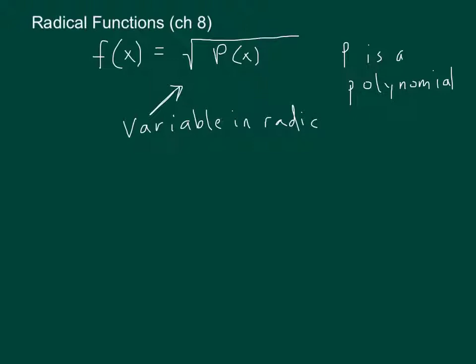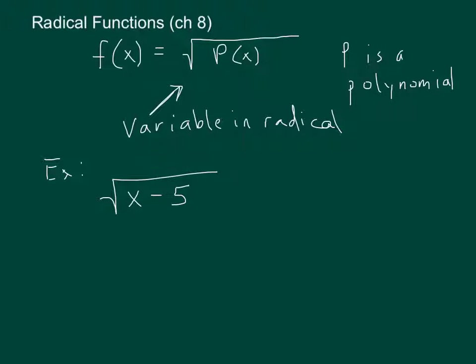So an example would be where you have the square root of x minus 5. Now the thing with square roots, we're going to mainly be looking at square root functions, and I'll let you go over all the other roots in Math 80.